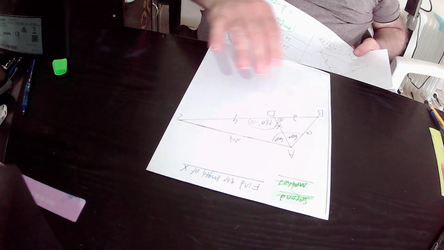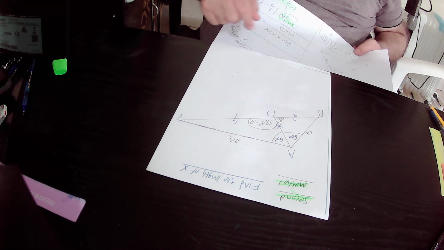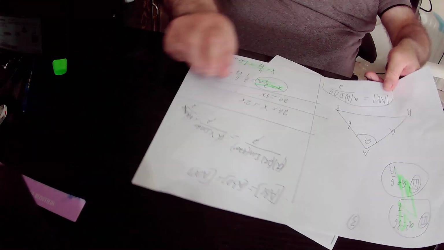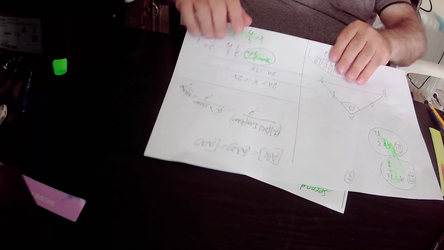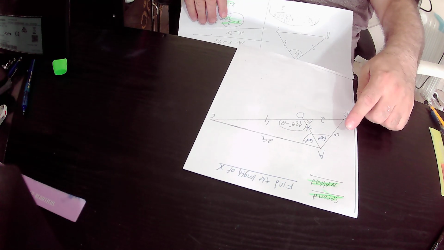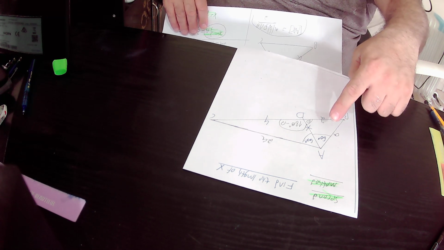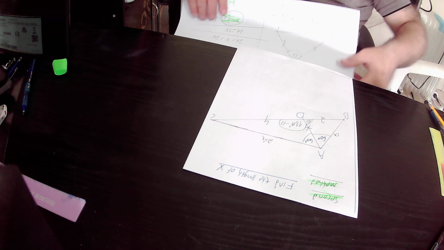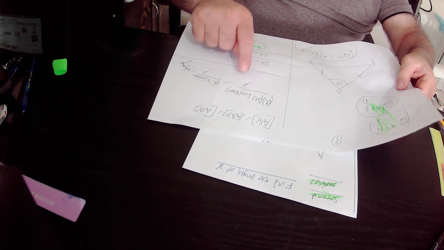Here we know that the area of triangle ABC equals the area of triangle ABD plus the area of triangle ADC. The area of triangle ABC equals A times 2A times sine 120 degrees over 2.